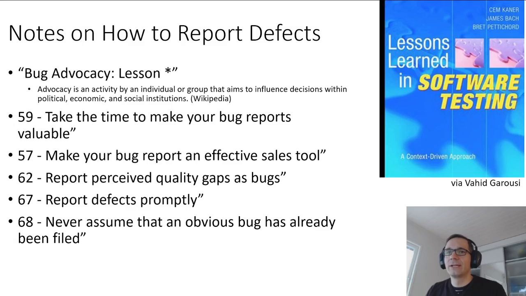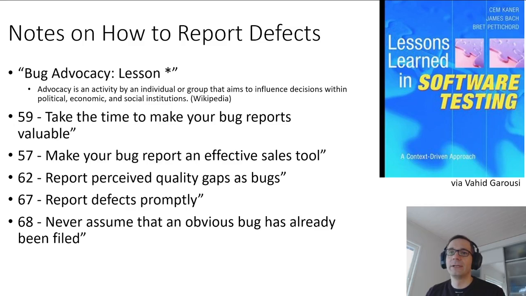And the advocacy that the software testing group or individuals try to influence is that the software would be of high quality and that the correct bugs would be fixed before the software is released to the customer. And in this context, these advices are given.